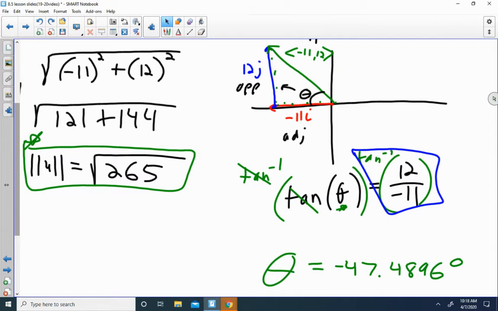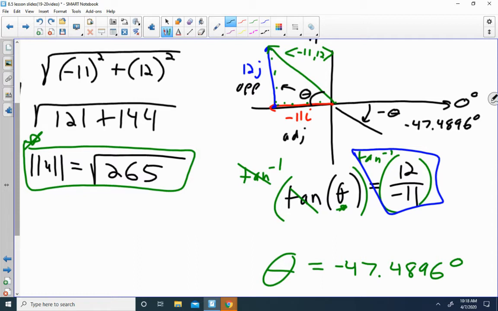Well, as you guys know, negative angles go downwards from where we start at 0 degrees. So the angle negative 47.4896 would be somewhere around here. And that is nowhere near the angle that we need to be.